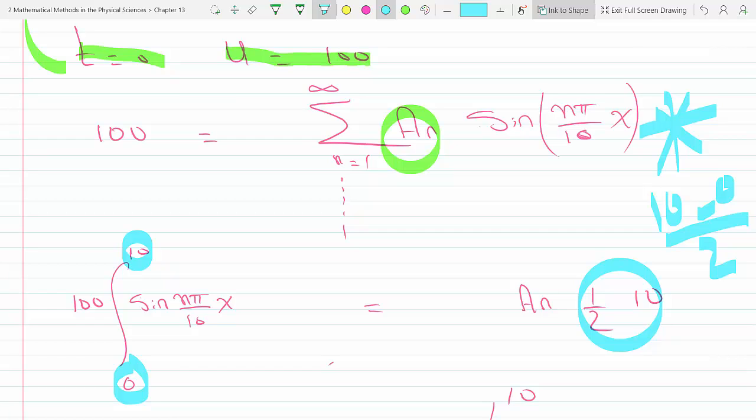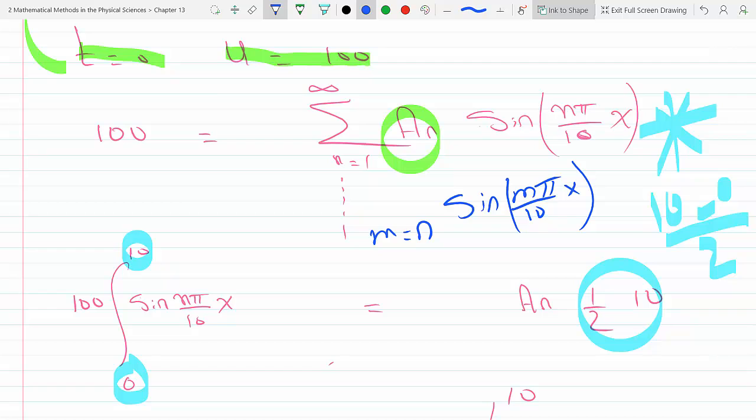Well, it's an orthogonal set, which means when you multiply this summation by another sine, like I multiply it by sine m pi over 10 x, and I take the summation from n equals 1 to infinity, since this is an orthogonal set, every term will be 0 except when m equals n.